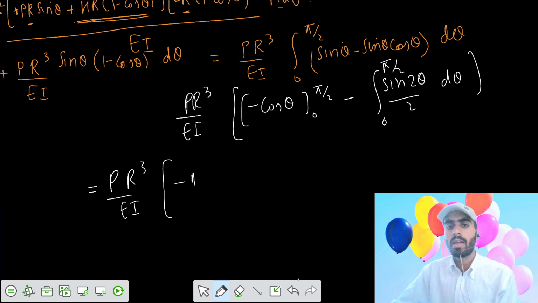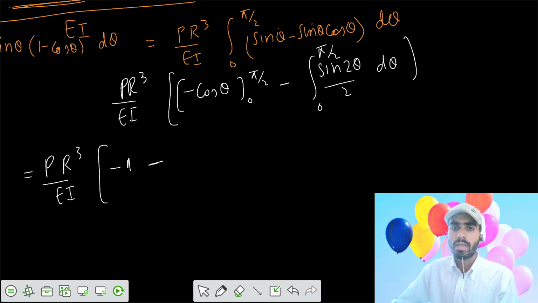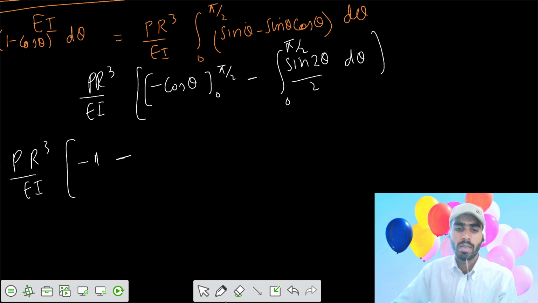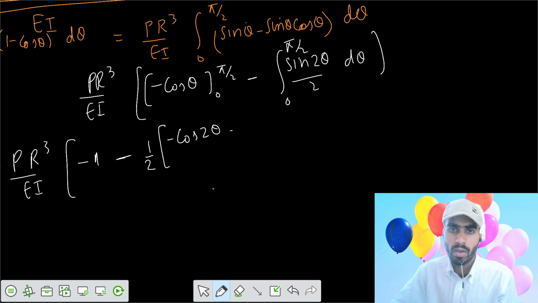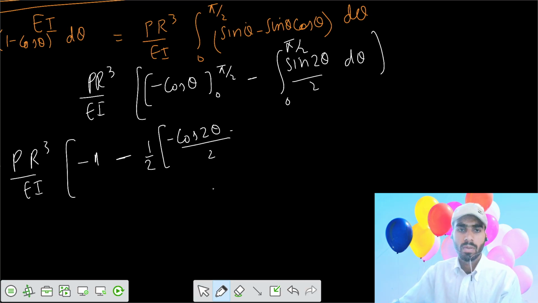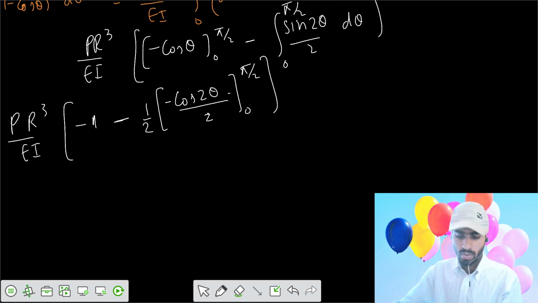Then after that you have minus, the integral of sin 2 theta becomes minus cos 2 theta, and we have that 1 by 2 which we can keep aside, then divided by 2, with limits 0 to pi by 2, cos 2 theta by 2.